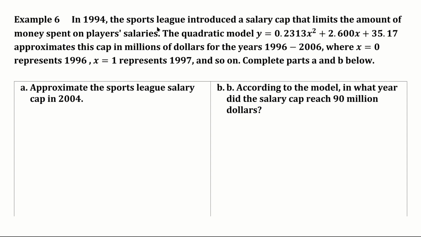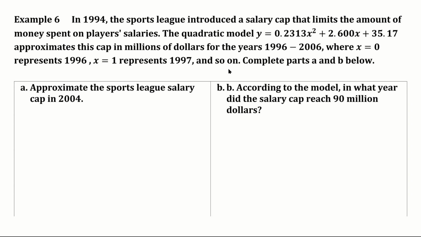Now, in 1994, the sports league introduced a salary cap that limits the amount of money spent on players' salaries. The quadratic model y equals 0.2313x squared plus 2.600x plus 35.17 approximates this cap in millions of dollars for the years 1996 to 2006, where x equals 0 represents 1996, x equals 1 represents 1997, and so on.